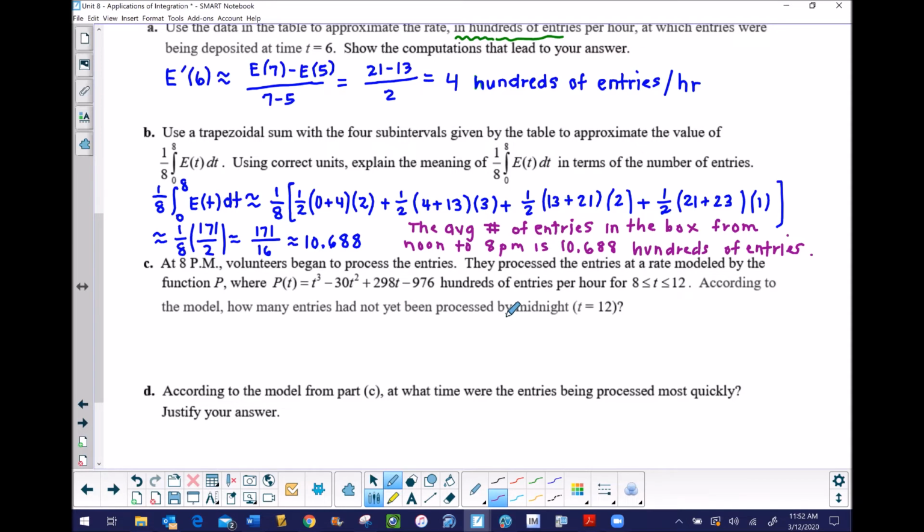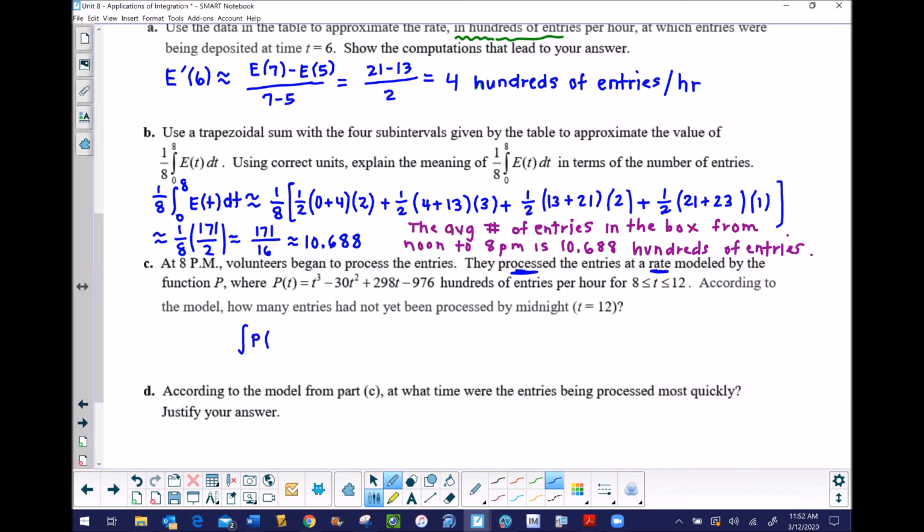Well, what we're going to do here is think about the total number that are being processed. I might start with that if that's okay. If I know that P of T is the rate at which we are processing, to get the total number that I've processed, we would simply integrate that rate.